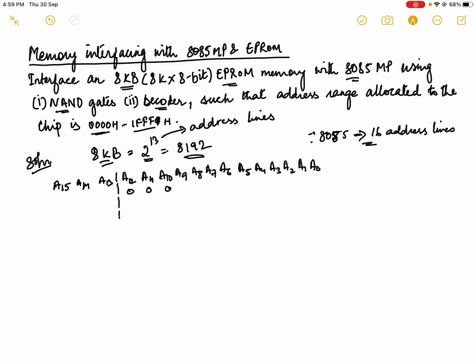This will take the full range from 0000, then 0001, and so on and so forth, up to 1 1111 1111 1111.